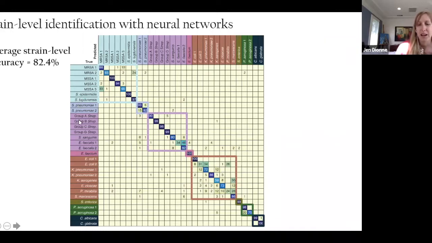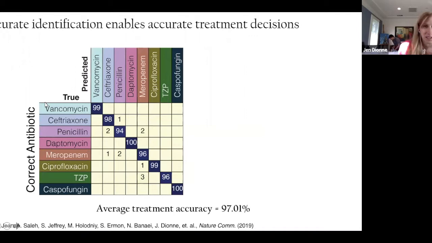But many of these bacterial species and strains are all treated with the same first choice of antibiotic. I've colored them in light blue, light purple, and orange if they have the same antibiotic treatment. And you can see that once you've grouped them together by the top choice antibiotic, the classification accuracy for the treatment you would use for that patient is extremely high. And this is what matters.